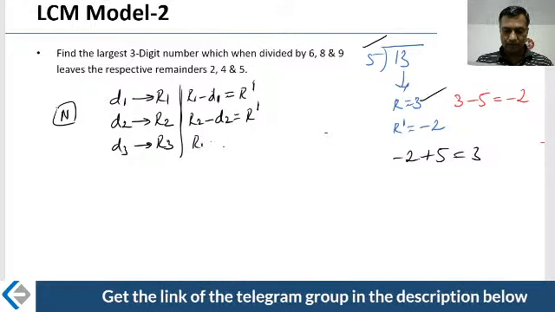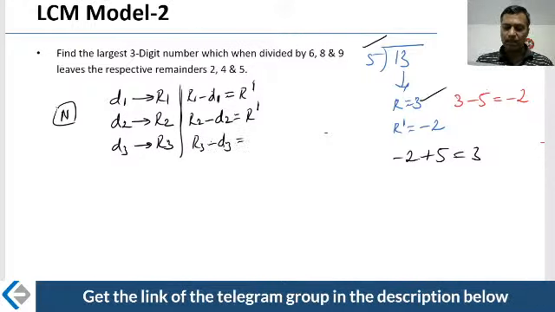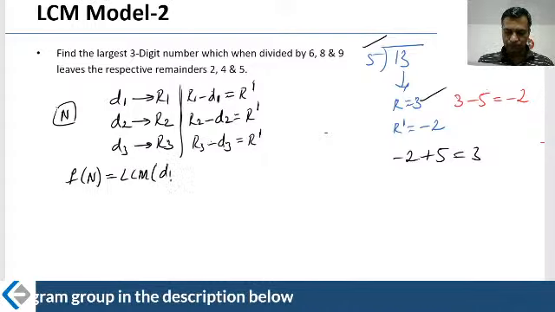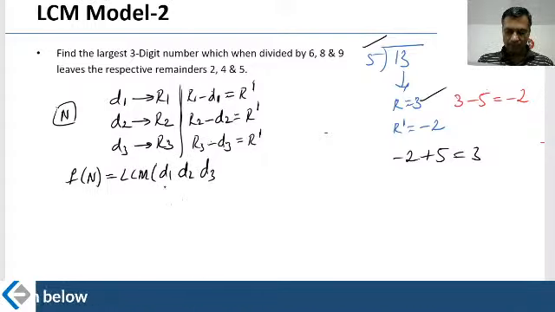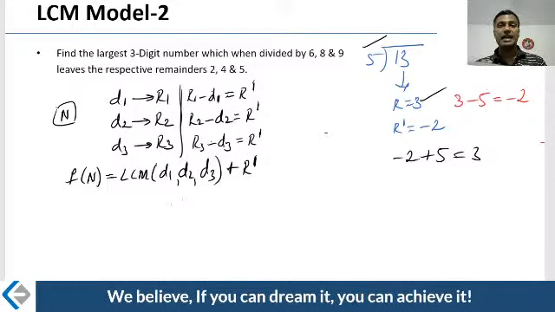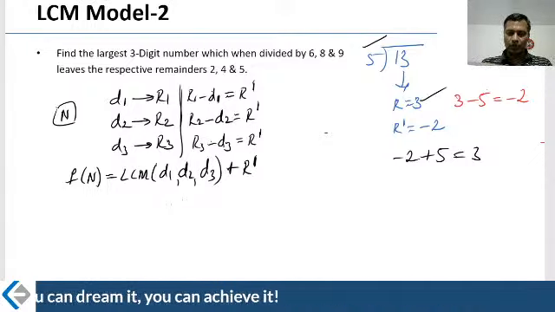Let's say R3 minus D3, that looks like R dash as well. If the negative remainder is constant, then the family of numbers is given by the LCM of the divisors plus the negative remainder. Add that constant negative remainder to this. So model 2 is what? Constant negative remainder. Great. Let's take a look at this example.